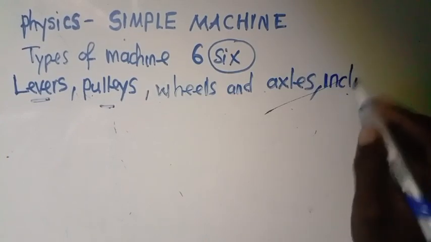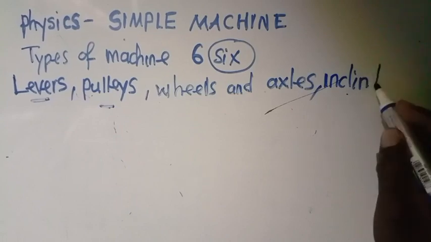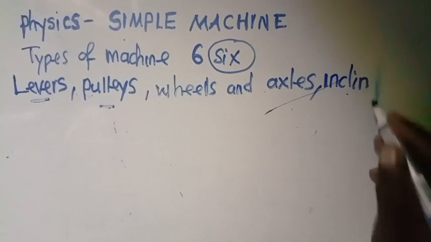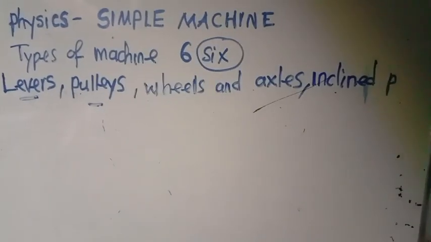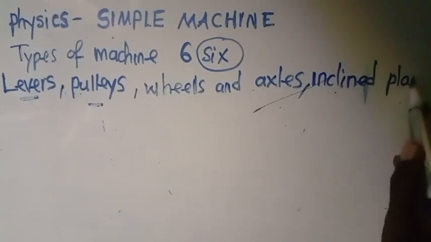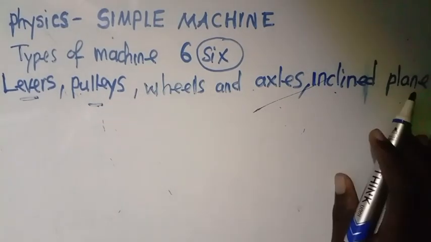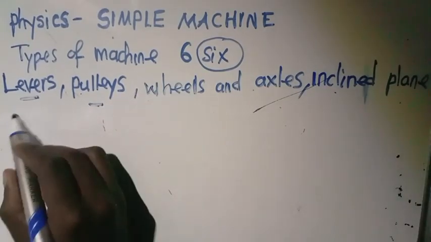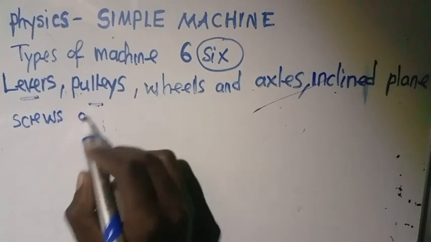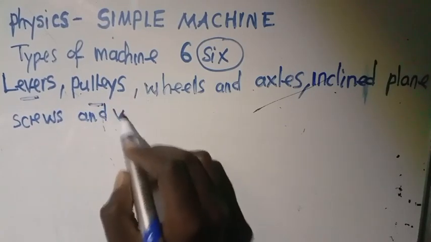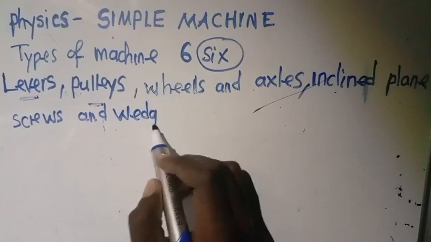All these are simple machines that we are going to look at. Inclined plane. From the inclined plane, what do we have? We've got the screws and wedges.